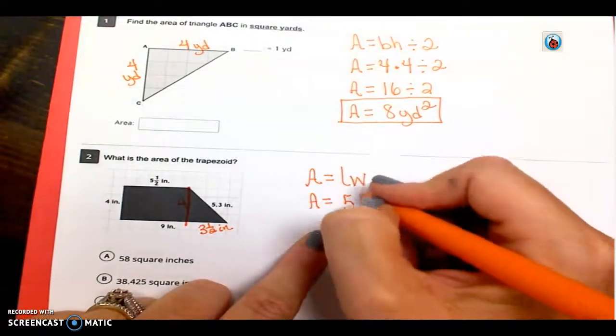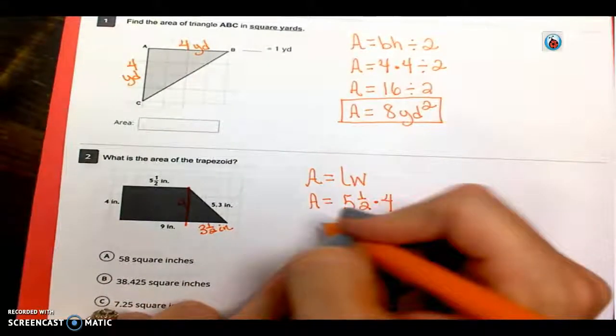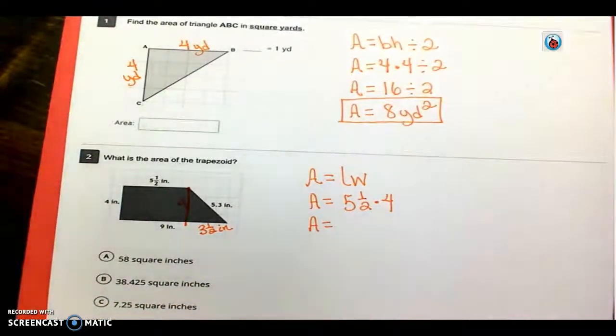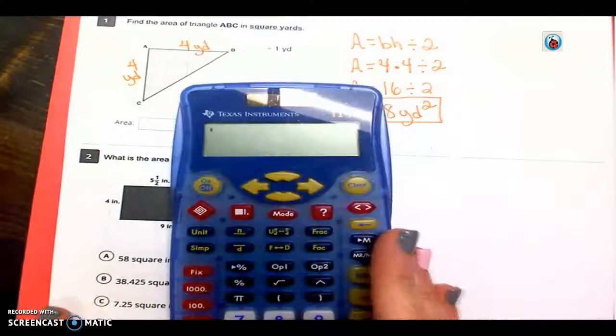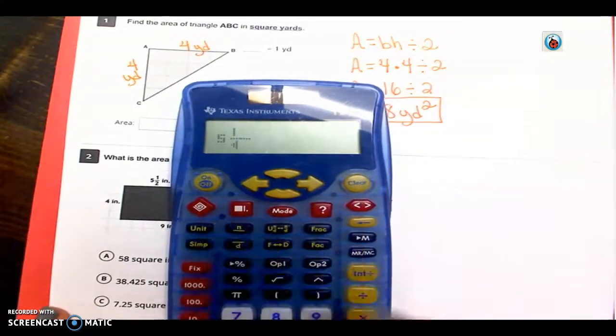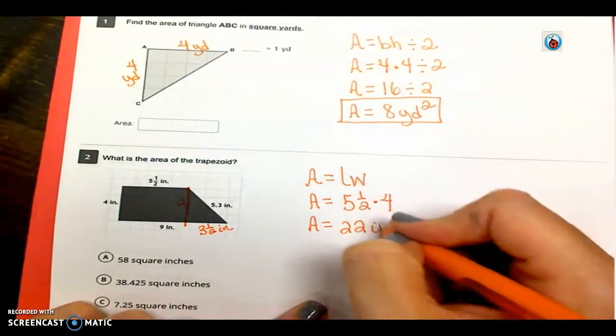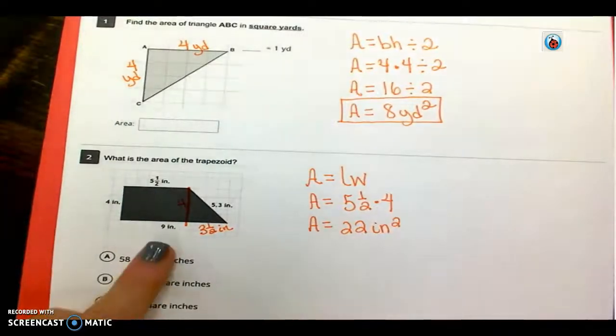So we have 5.5 times 4. And you can go ahead and put that in on your calculator. So we're going to do 5 units, 1 numerator, 2 denominator, times 4. And you can see we get 22. So that would be 22 inches squared for the rectangle.